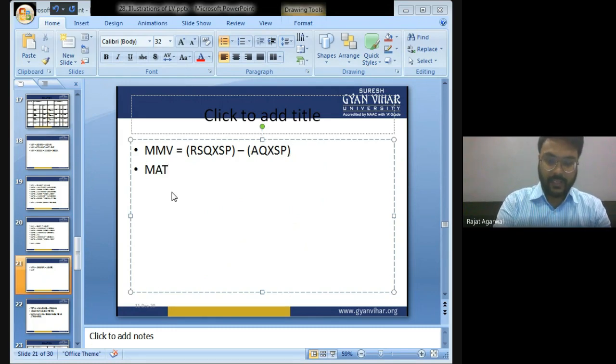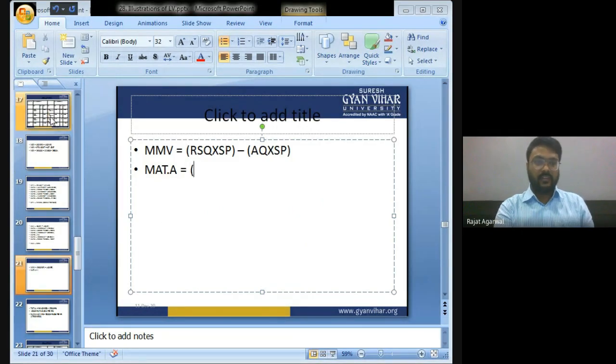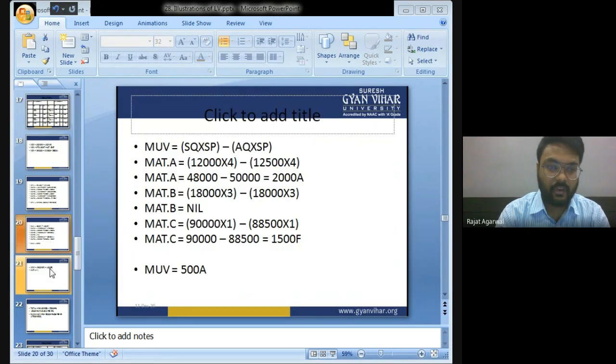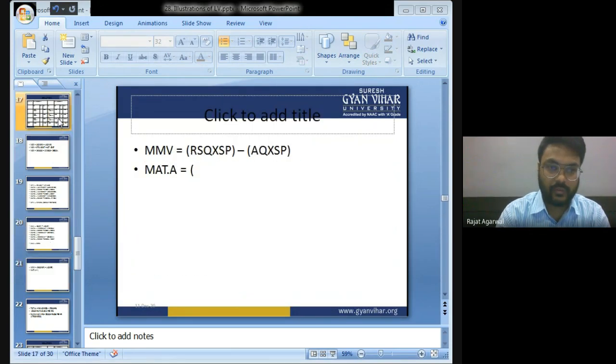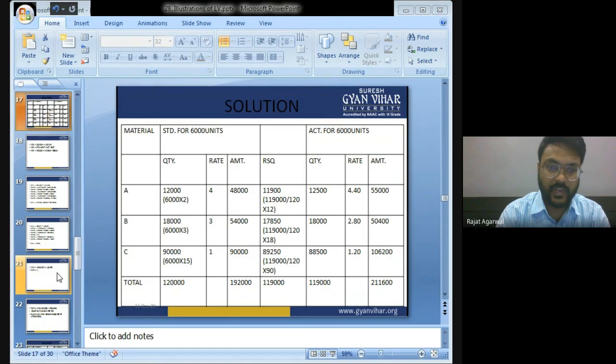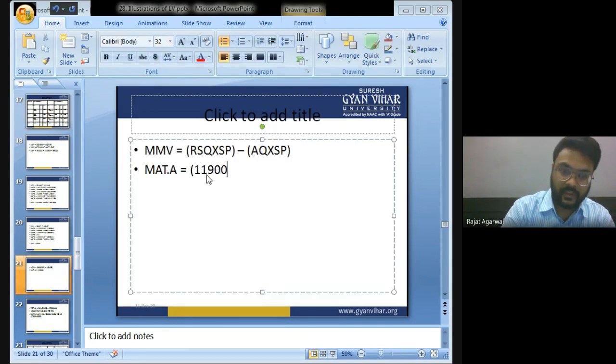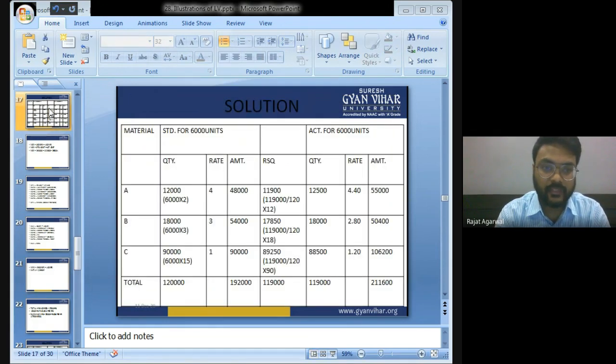Now for material A, revised standard quantity of A is 11,900 into standard price of A, which is 4.